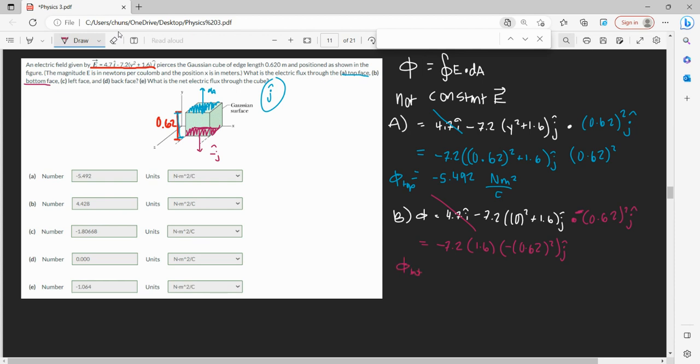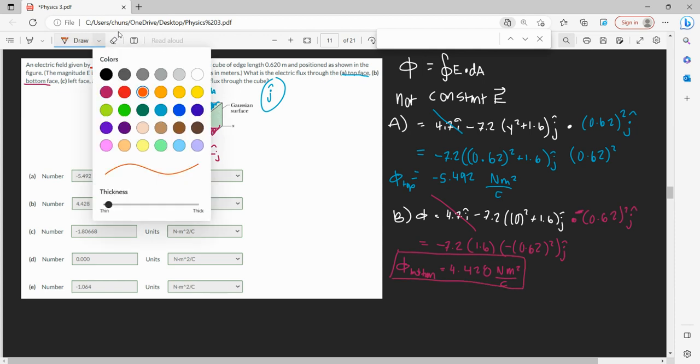And for our bottom face, that is going to give us 4.428 newton meters squared per coulomb. That is part B.